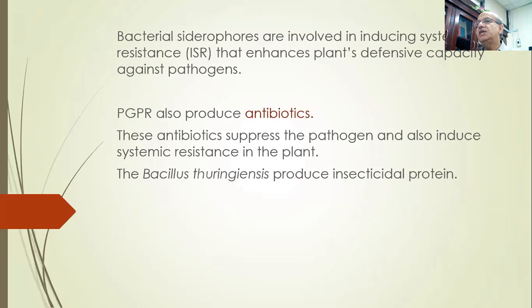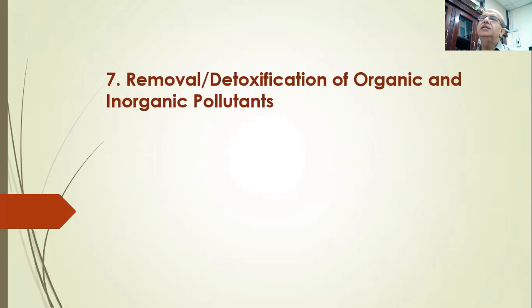The plants which have this BT gene have the ability that when sucking insects suck the sap of that plant, they are killed because it is producing a sort of poisonous protein which has insecticidal ability. Then another mechanism is removal or detoxification of organic and inorganic pollutants.